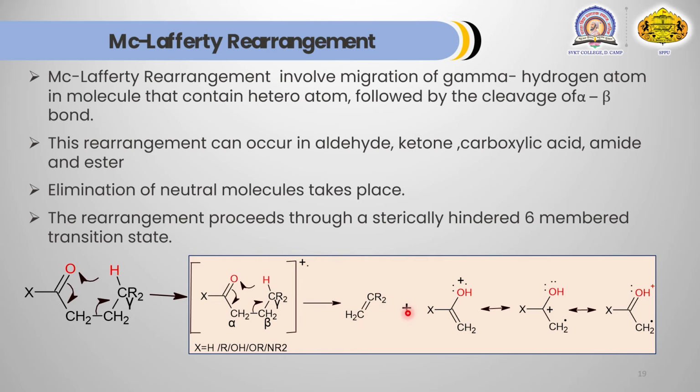This is the neutral fragment. This fragment contains the cation radical, so it can undergo further decomposition and produce another fragment. These are the resonance forms of this. This positive charge can be neutralized by shifting this pi electron here. This carbon becomes positively charged, and this is another resonance form of this compound.